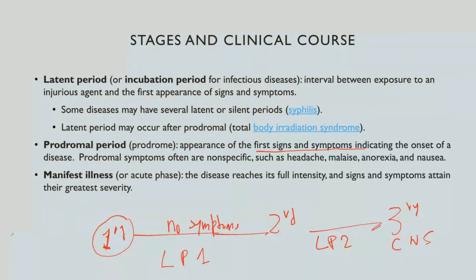Body radiation may be as a result of being exposed to a nuclear accident, Chernobyl, or any atomic bomb. When they are exposed to radiation because of a nuclear plant accident, they're going to have burns all over the body. They're going to feel terrible. Then they get better, latent period, and then they develop cancers, leukemias, thyroid cancer, different things.